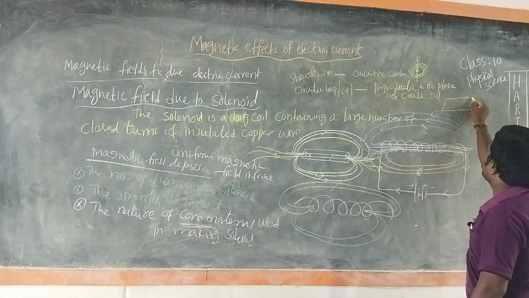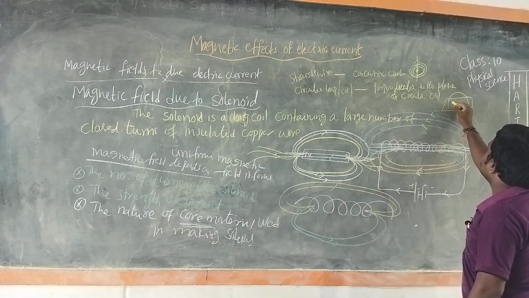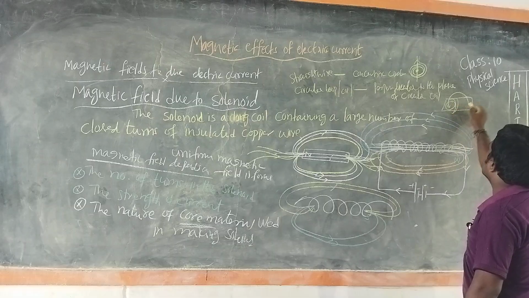If it is the plane of the circular coil, then the field is formed like this.